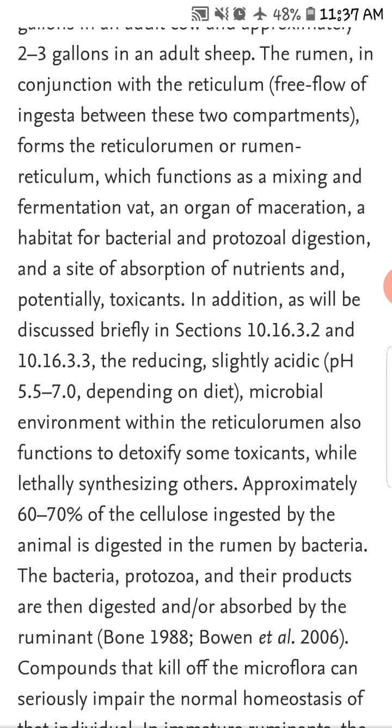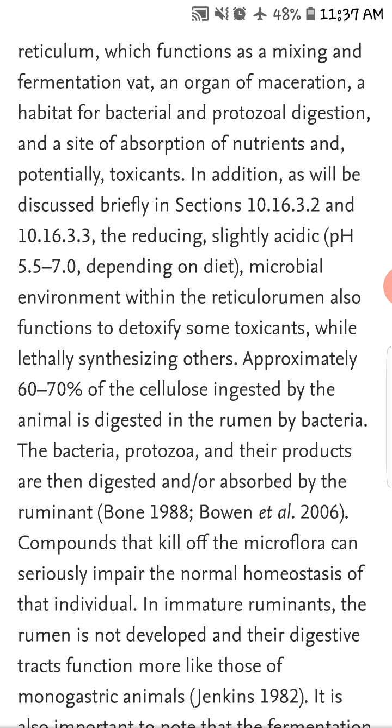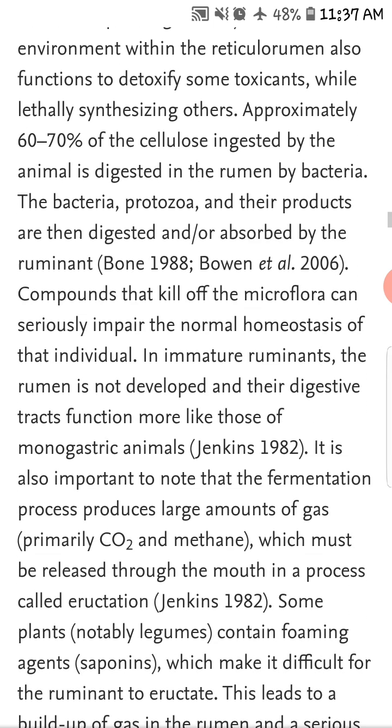Approximately 60 to 70% of cellulose is digested in ruminants by bacteria. Bacteria, protozoa, microbes, and their products are then digested or absorbed by the ruminant. Compounds that kill off microflora can seriously impair the normal homeostasis of that animal.